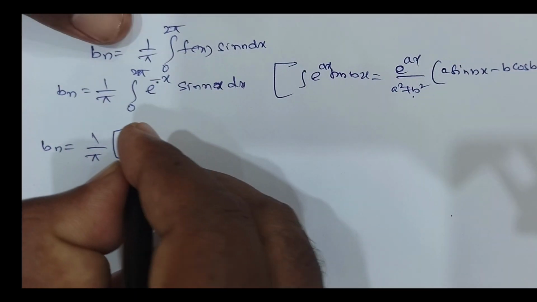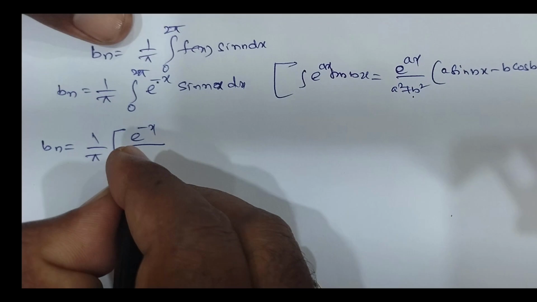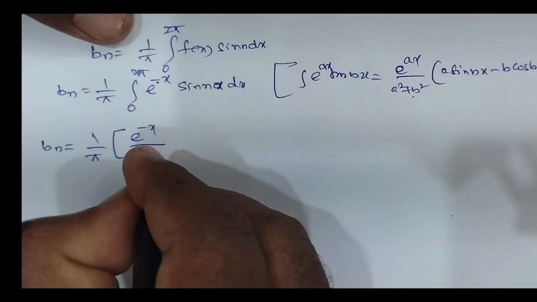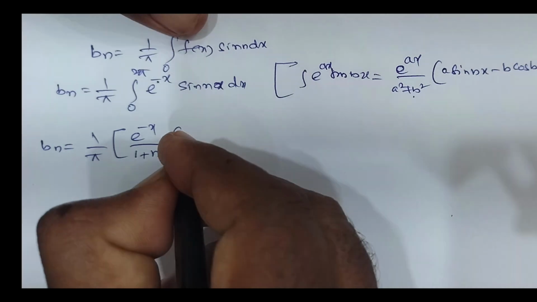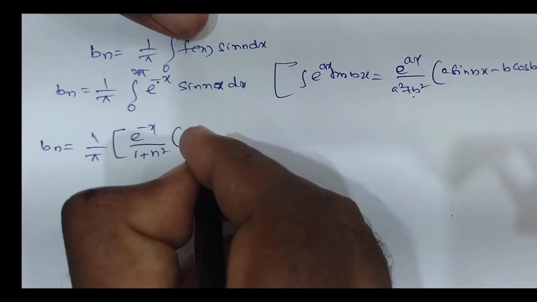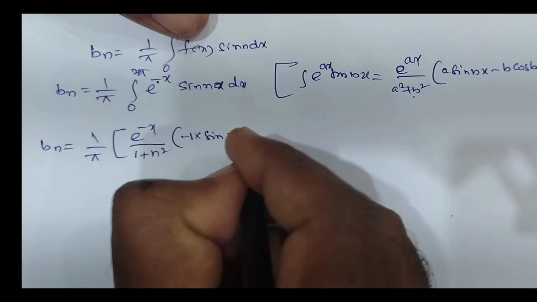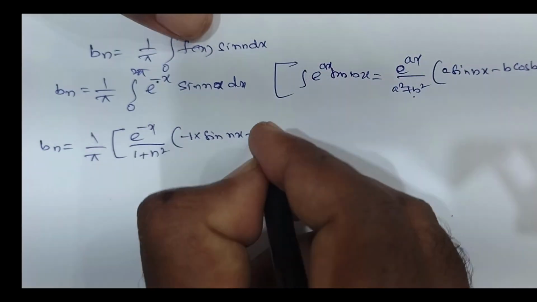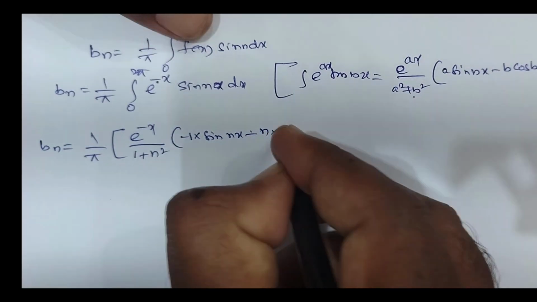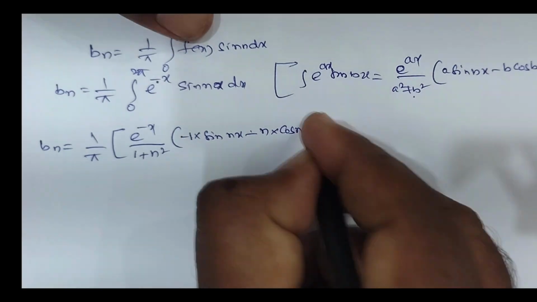So that means e power minus x by 1 square plus n square into a, which is minus 1, into sin nx minus b, which is n, into cos nx.